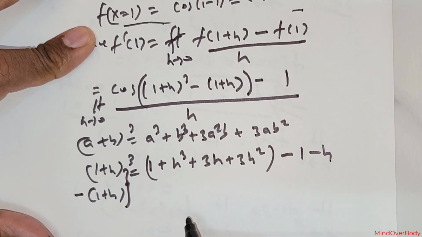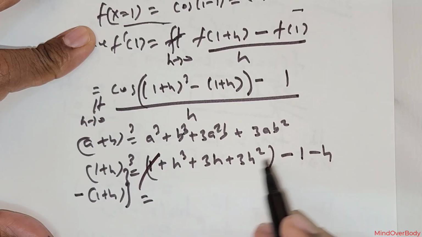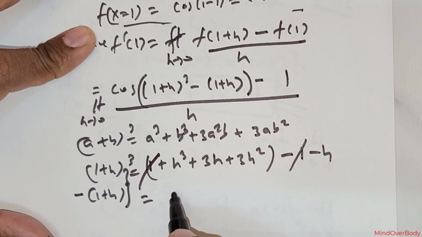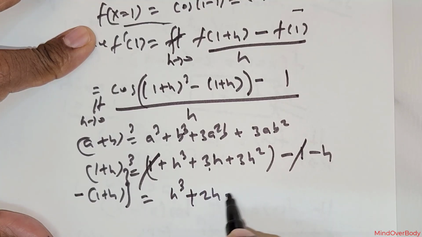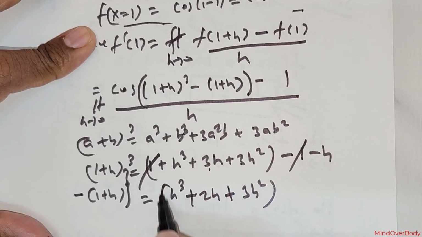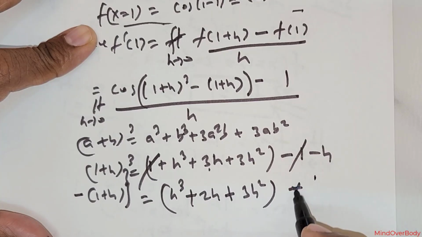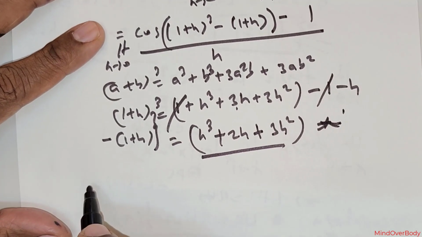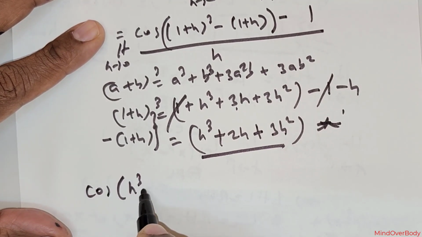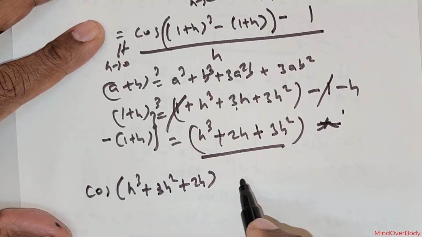So that is going to give me, the 1s cancel, and I get h³ + 3h² + 2h. We are only evaluating this. So this is what we've got. So this is going to be cos(h³ + 3h² + 2h) for the cos value, minus 1, divided by h.